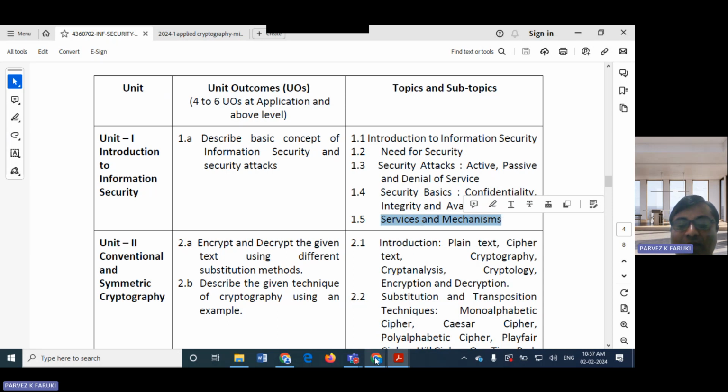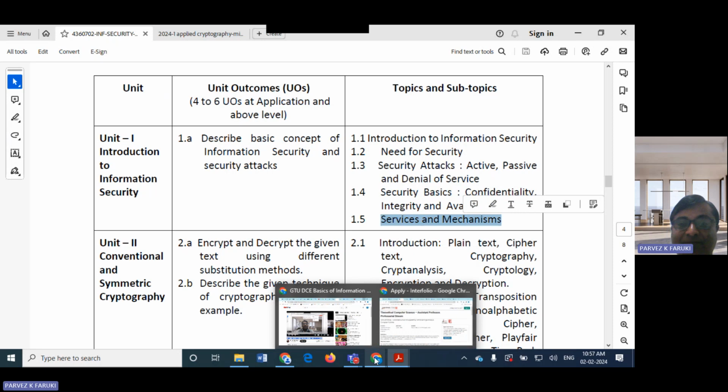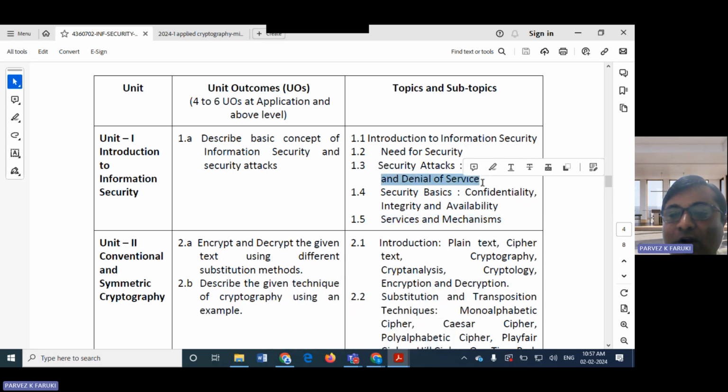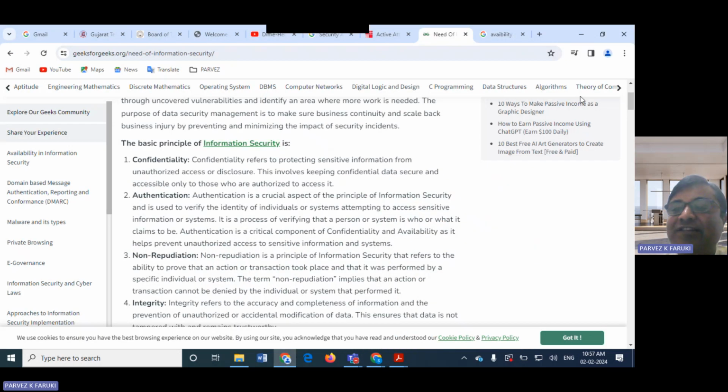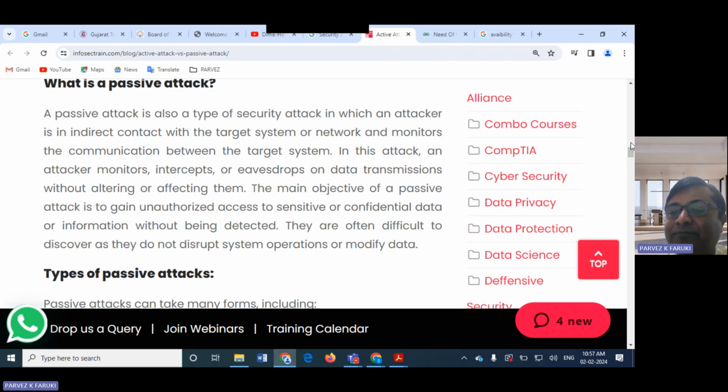So we have something called services and mechanisms. We had a look at information security, the need of information security, what are the kind of attacks that we have to consider, attributes to be achieved, and what are the services and mechanisms for that. So let me just briefly take you towards attacks, active and passive attacks. Let me just discuss that and then we can move further.